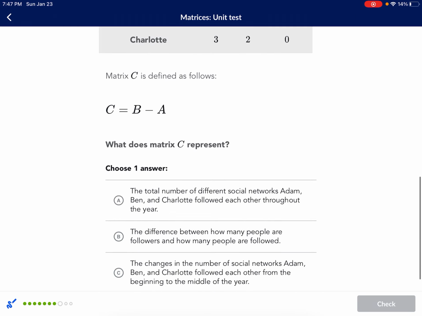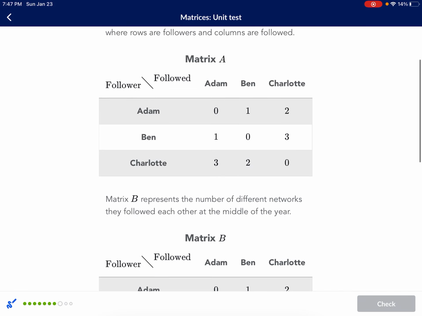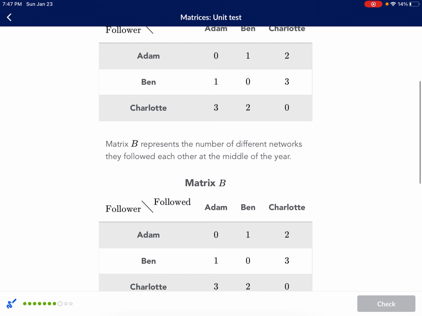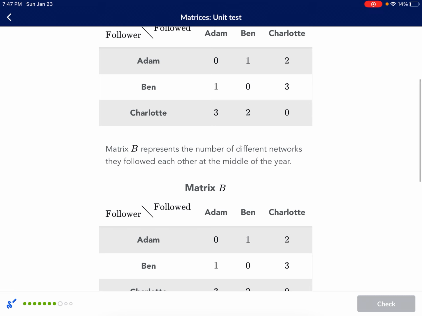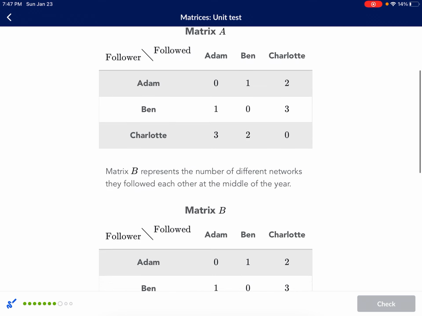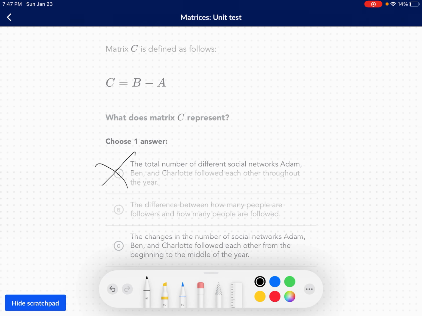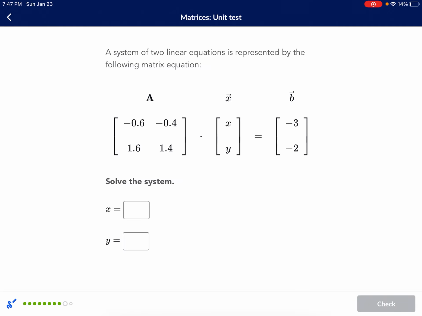Matrix C is B minus A. So it represents the changes in the total number of networks they follow between the middle of the year and the start of the year, not throughout the year, because it only says through the middle of the year. That's exactly what I did.